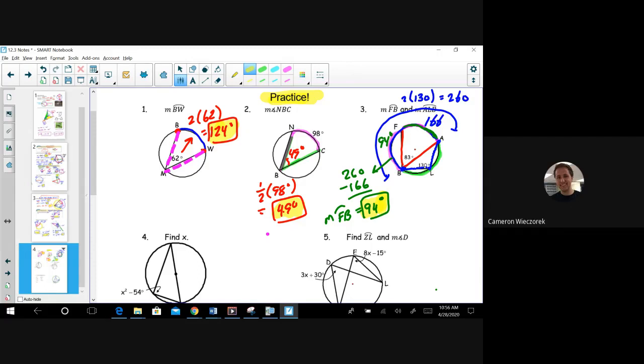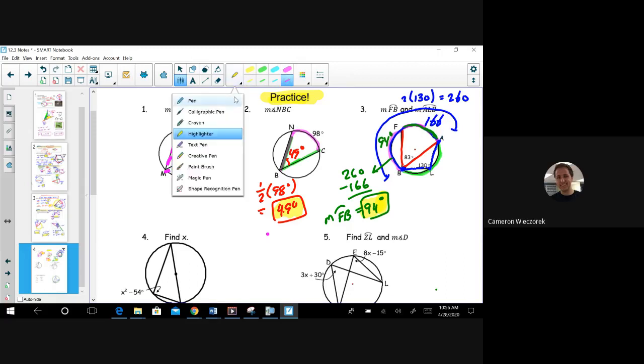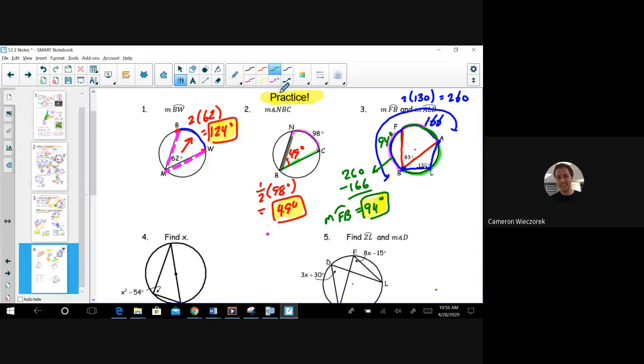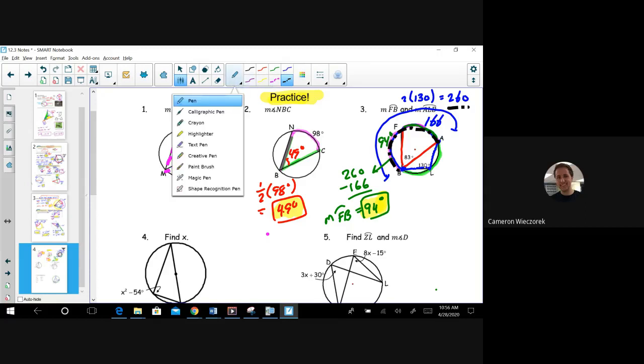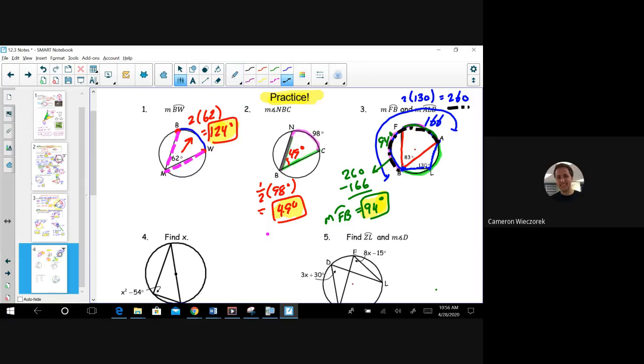So is there a way that we can get arc ALB? Well, we already figured out the big major arc here. Let me see if I can do this in black to make it easier, since there are so many colors in the picture right now. From A to F to B, we said was 260. And the green arc that you see labeled there is ALB. That'll complete the entire circle.